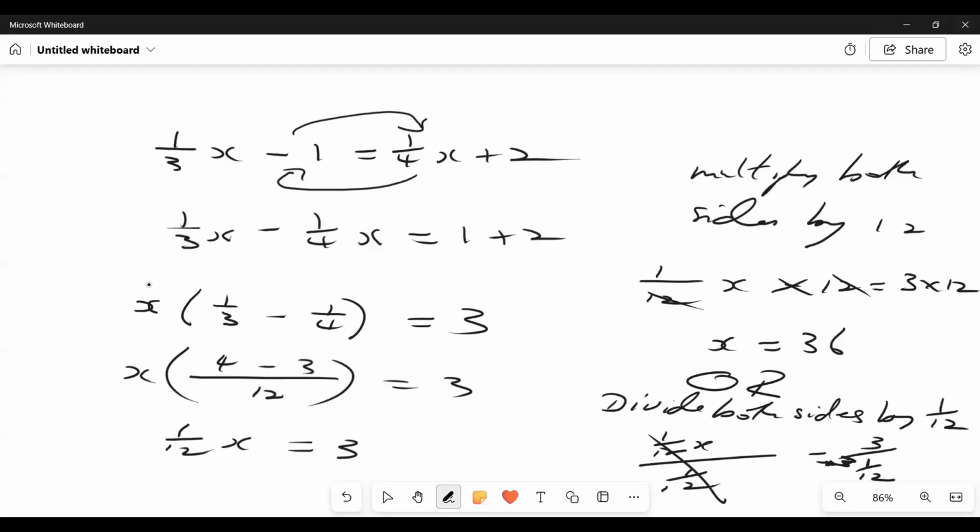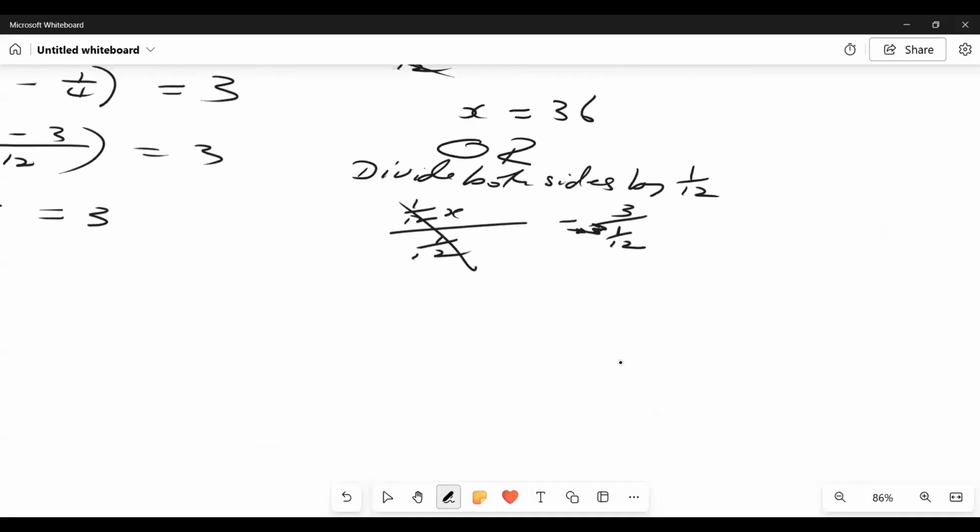So these two are going to go, and you will end up with x equal, well, I'll write this as 3 divided by 1 over 12, which is 3 multiplied by 12 over 1, right? Which is 36, right? So x equal 36. Whichever approach you like.